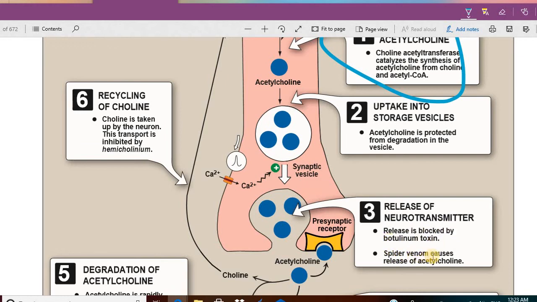Spider venom causes release of the acetylcholine. स्पाइडर की वजह से एसिटाइलकोलिन का रिलीज ज़्यादा होगा, जबकि बॉटुलिनम की वजह से इसका टॉक्सिन जो है वो ब्लॉक हो जाएगा. सो इसका रिलीज जो है वो कैसे होगा? जब कैल्शियम आयन बॉडी के अंदर एंटर होगा, ये कैल्शियम आयन न्यूरॉन के अंदर एक्सेस हो जाएगा. जब न्यूरॉन के अंदर कैल्शियम एक्सेस होगा तब ये वेसिकल्स जो हैं वो एसिटाइलकोलिन रिलीज करेंगे.